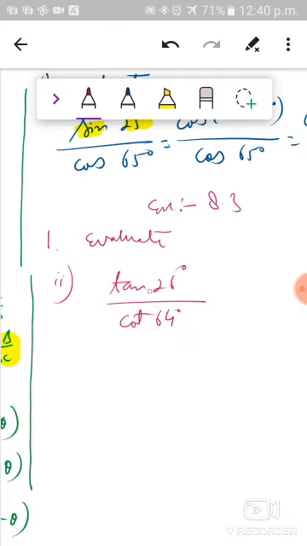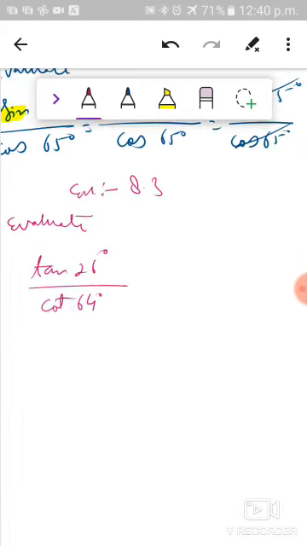So again, as we know, tan and cot are complementary of each other, so we can change tan or cot. So as we know, tan theta is what? Tan theta is equal to cot 90 minus theta.